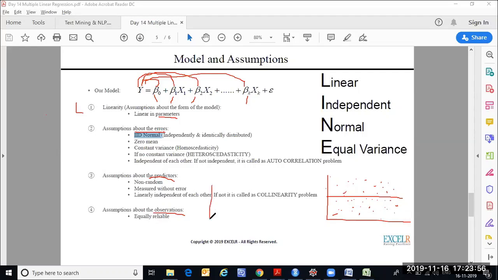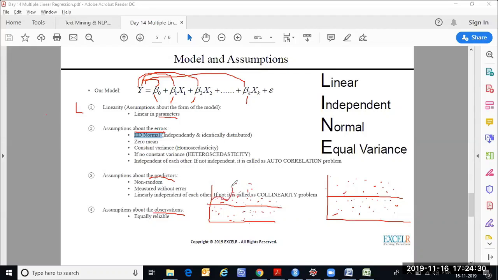Otherwise, if you have something like this, here what is happening?